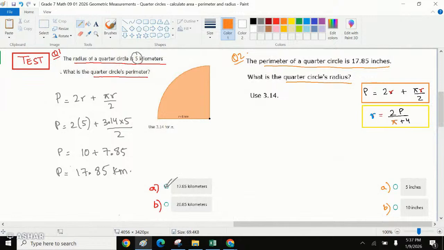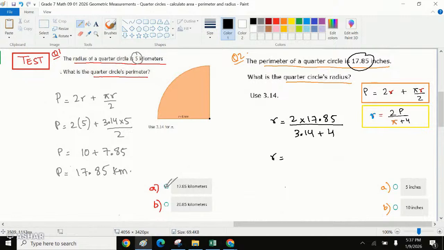Yes, let's do it together. We can say the radius is twice the perimeter, 17.85 inches, divided by 3.14 plus 4, right? Or in the denominator, we can directly write 7.14.